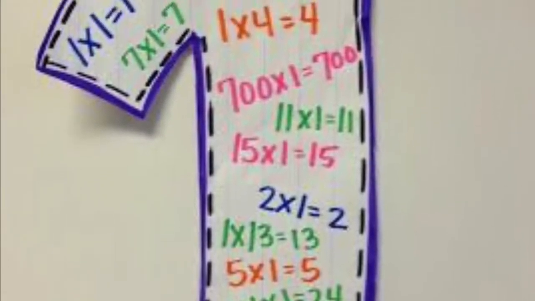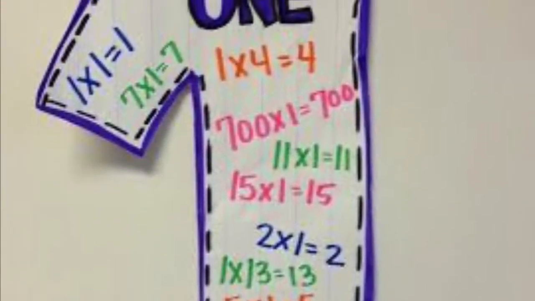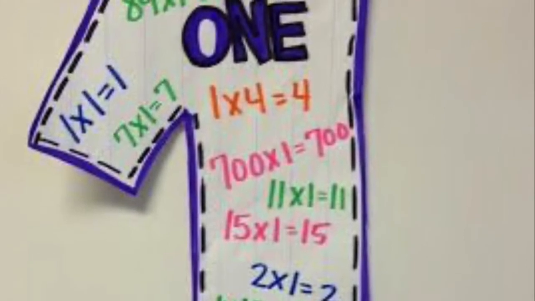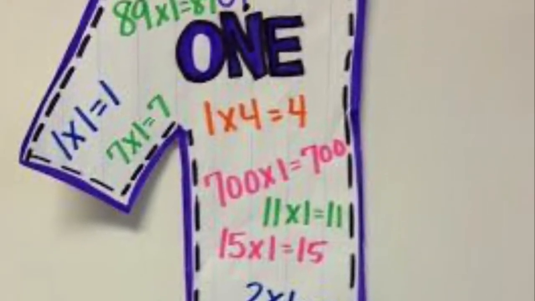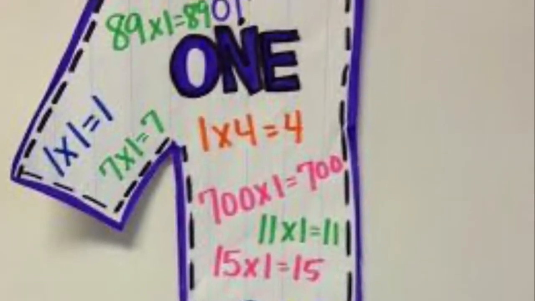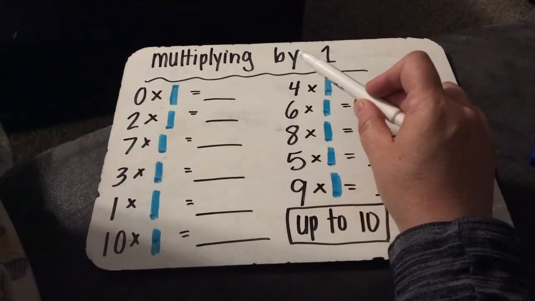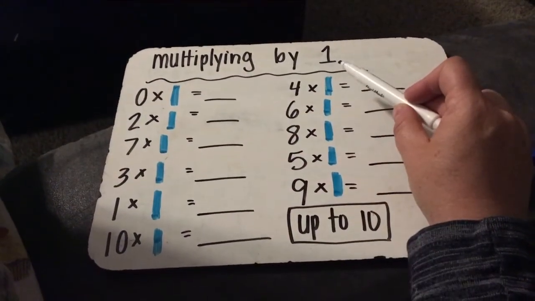Anything times 1 is the other number. Multiplying by 1, anything times 1 is the other number.